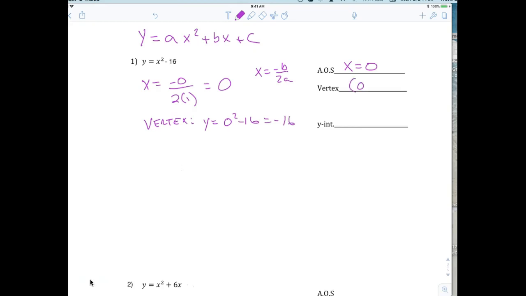So my vertex is 0, comma, negative 16. From there, my y-intercept, remember what y-intercept was? Very good, whoever said that, thank you very much. It is 0, comma, c. So in this case, the y-intercept is the same as the vertex. So we're going to write down 0, comma, negative 16.